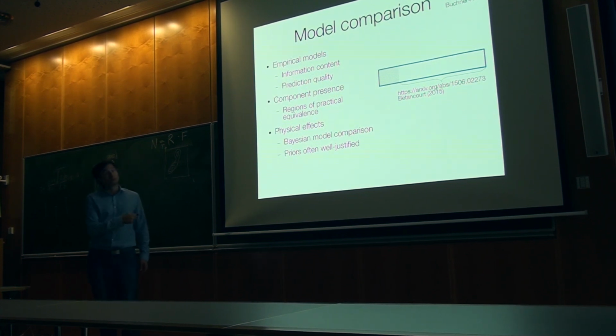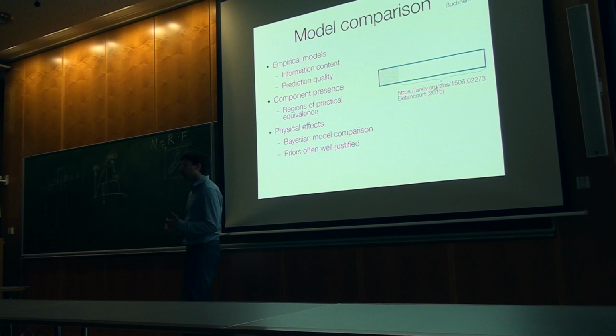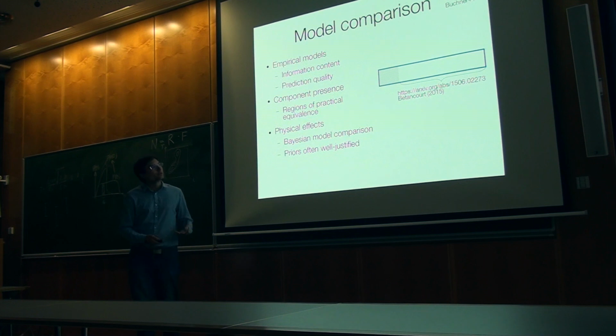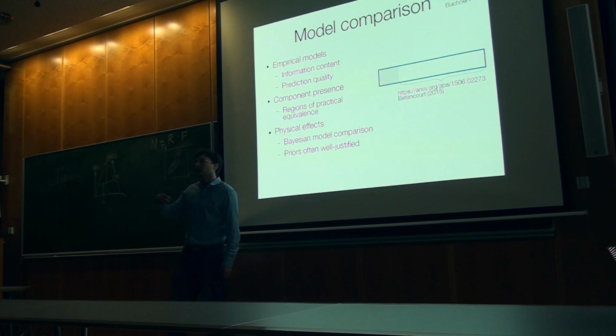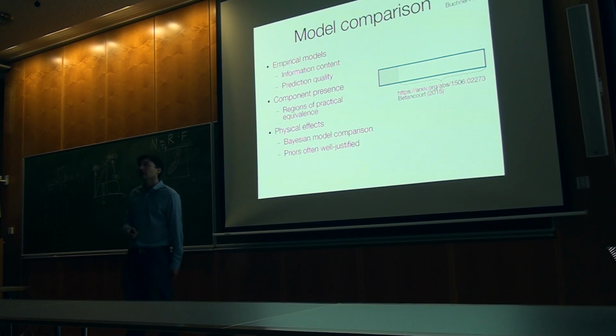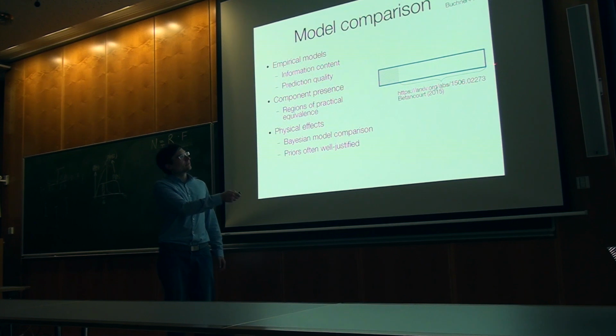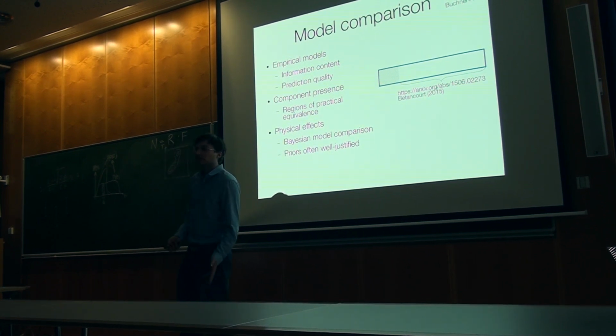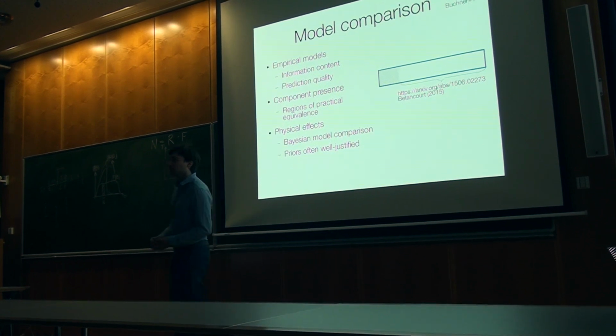Another situation, which we just heard about, is whether an additional component is present. So you want to test, should I add this component or not? One approach is to say you might have some parameter which regulates how important that component is, for example some normalization. If that parameter is below a certain value, practically it's not there, so it doesn't have much of an effect.